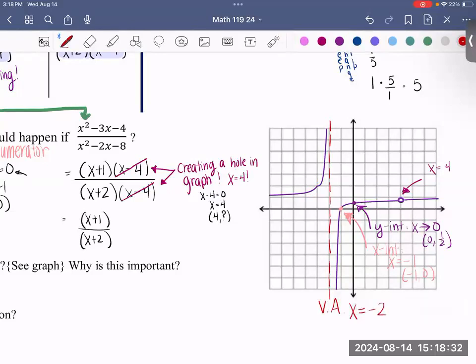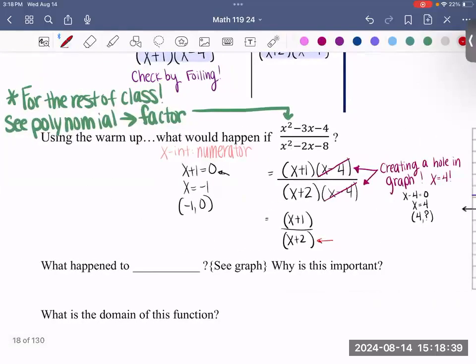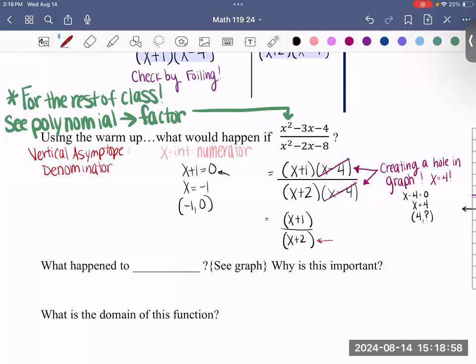So where's that -2 coming from? Well, we just said this is where your denominator comes into play. Your vertical asymptote is from your denominator. So when x plus 2 gets set equal to 0, you'll notice that x is equal to -2.